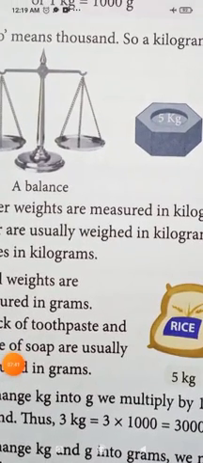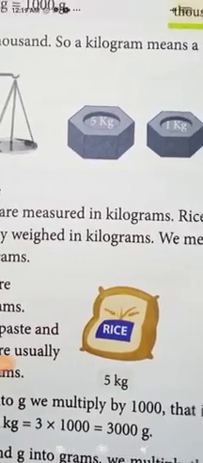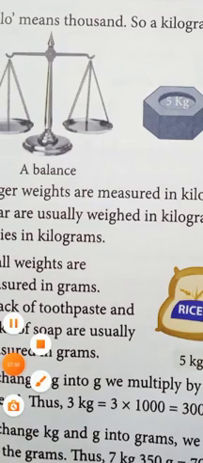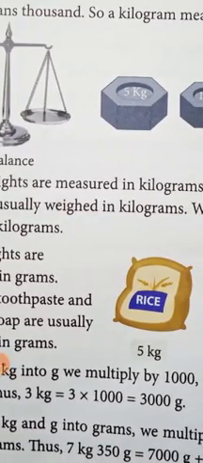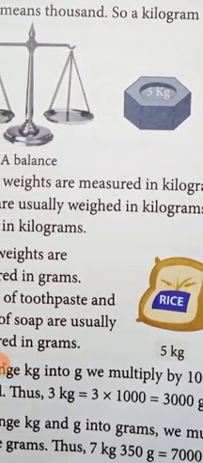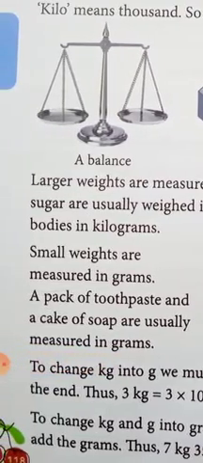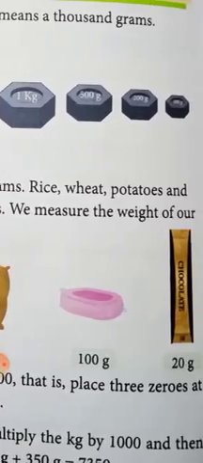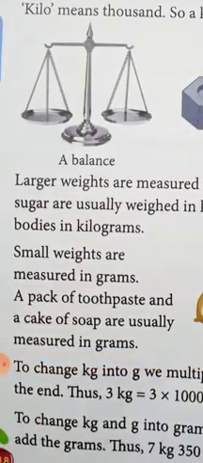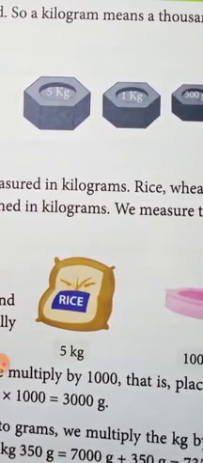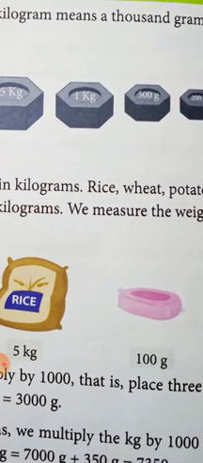For example, 3 kg is given. Now we have to change 3 kg into gram. So 3 into 1000 is equal to 3000 gram. To change kg and gram into grams, we multiply the kg by 1000 and then add the grams. Thus 7 kg 350 gram is equal to 7000 gram plus 350 gram, which is 7350 gram.